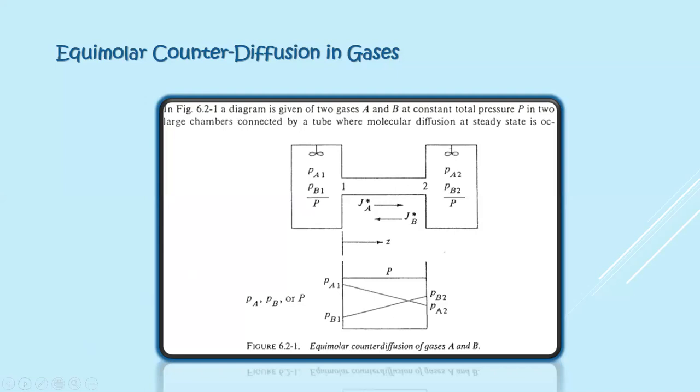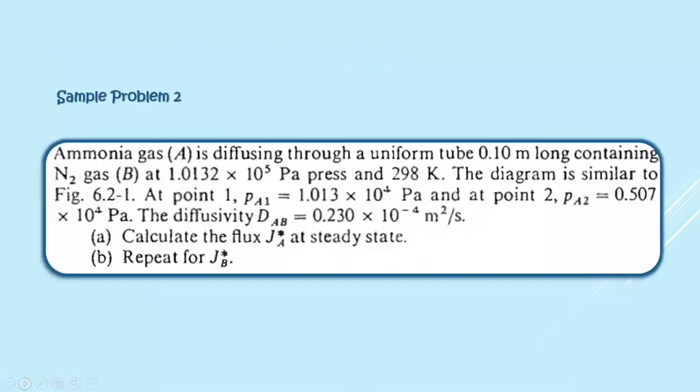So now we have a sample problem regarding counter diffusion of gases. Ammonia, which is represented as A, is diffusing through a uniform tube 0.10 meters long containing nitrogen, which is B, at 1.0132 times 10 raised to 5 Pascal pressure and at a temperature of 298 Kelvin.